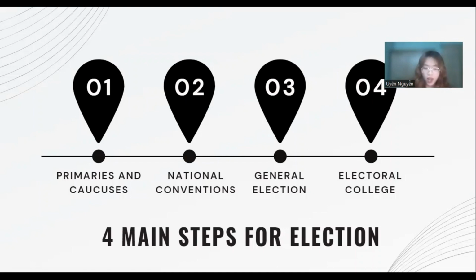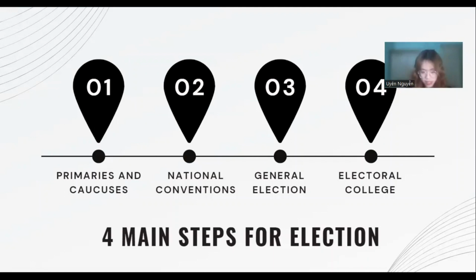Each party holds a national convention to select a final presidential nominee. State delegates from the primary and caucus, selected to represent the people, will now endorse their favorite candidates, and the final presidential nominee from each party will be officially announced at the end of the convention.